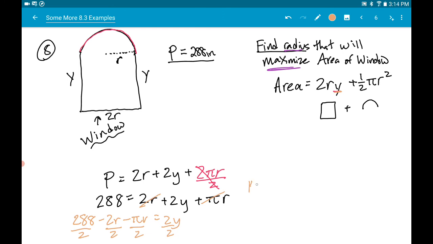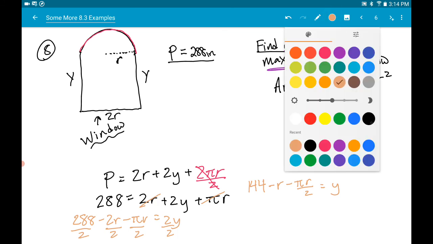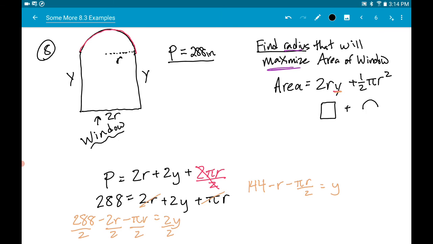So I've really got 144 minus r minus pi r over 2 equals y. And it looks really messy, but when I distribute everything and simplify it, you're just going to have a bunch of power rules, I believe, I hope.